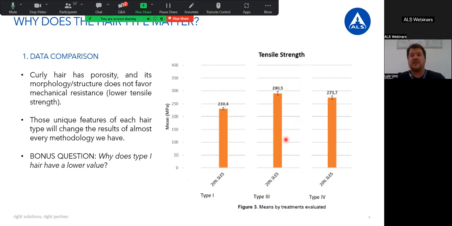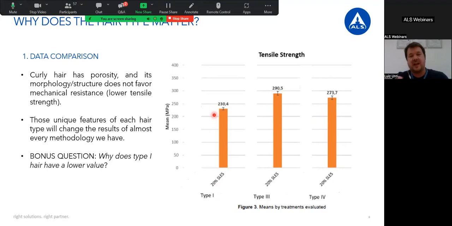And as I'm telling you, the straight hair type has a higher resistance, but I brought to you here also a bonus question. So this type 1 should present a higher value, a higher tensile strength.